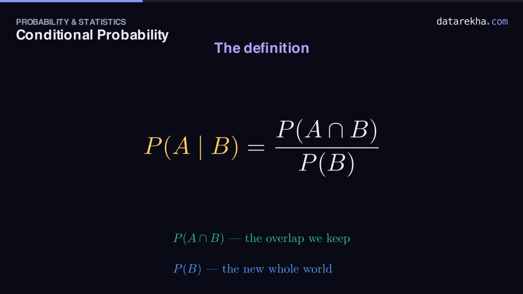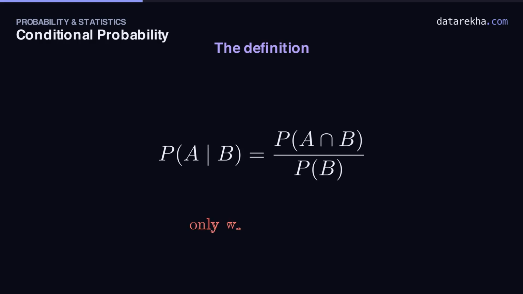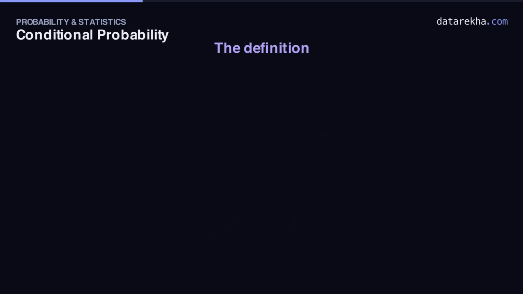The bottom, P of B, is our brand new total, the size of the world we're now in. One condition is non-negotiable. You are dividing by P of B, so P of B must be strictly greater than 0. If B can never happen, conditioning on it is meaningless. P of A given B is simply undefined.